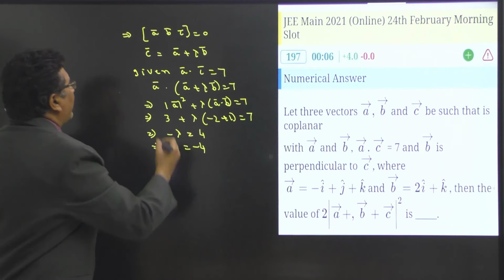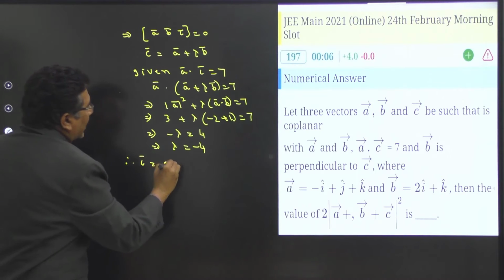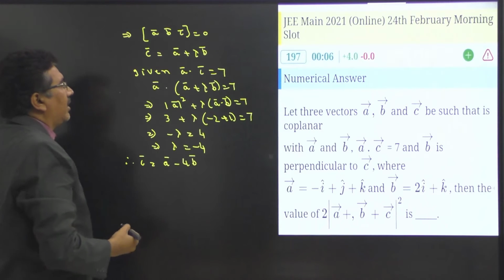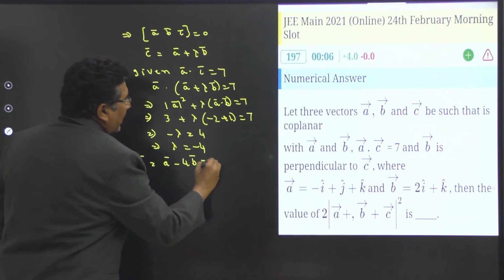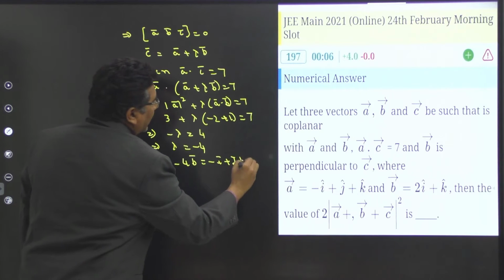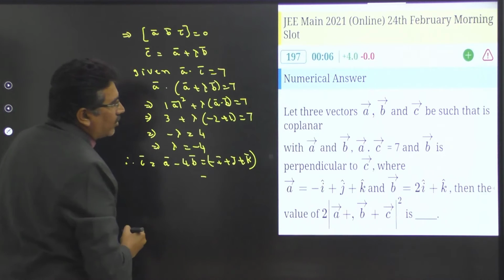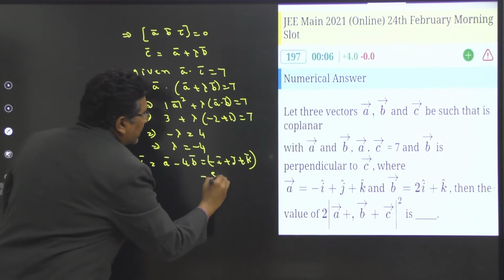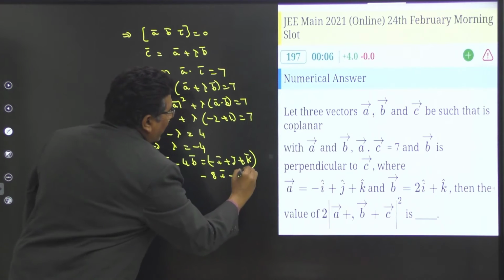Right. Therefore, c bar is equal to a bar minus 4 into b bar. What is a bar here? That is minus i bar plus j bar plus k bar, minus 4 into b bar. 4 into b bar is minus 8 i bar minus 4k bar.